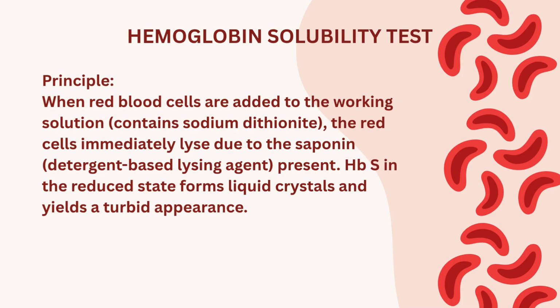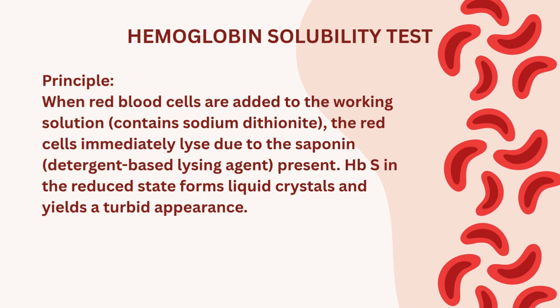The saponin dissolves membrane lipids, causing the release of hemoglobin from the red blood cells, and the dithionite reduces the iron from the ferric to the ferrous oxidation state. Ferric iron is unable to bind oxygen, converting the hemoglobin to the deoxygenated form.